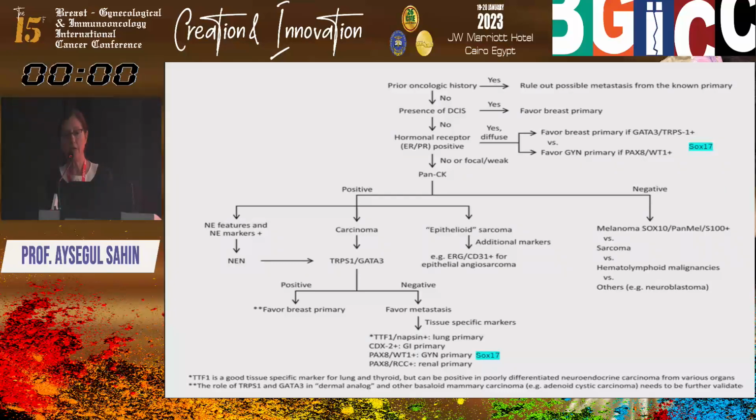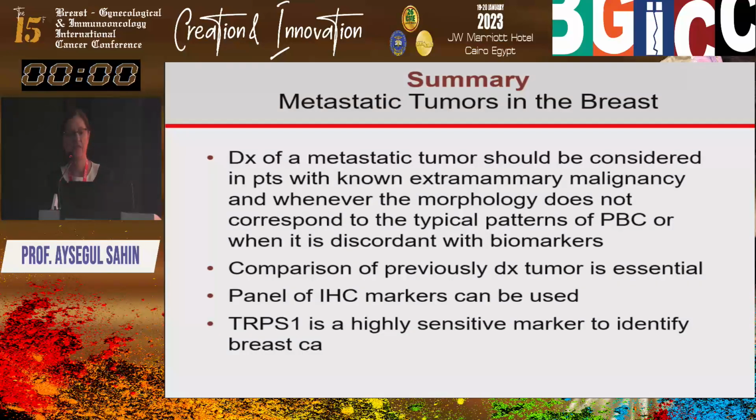So in summary, when we have a tumor and we want to rule out metastasis from a known primary tumor, based on the primary tumor, we make our immunohistochemistry panel. And the two new markers that we are including now are TRPS1 and SOX17.